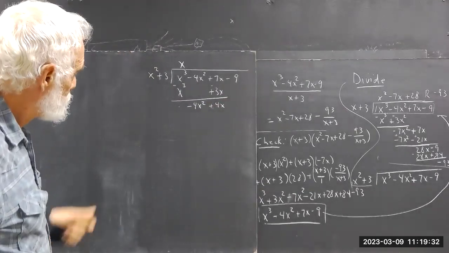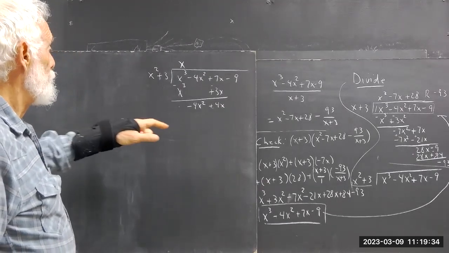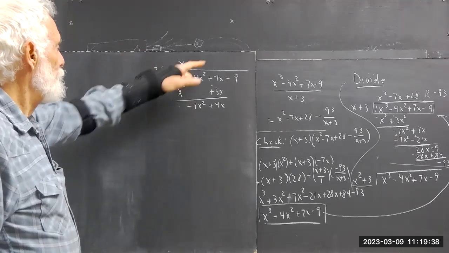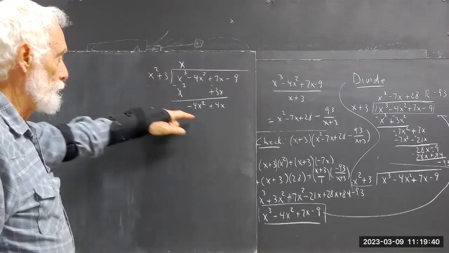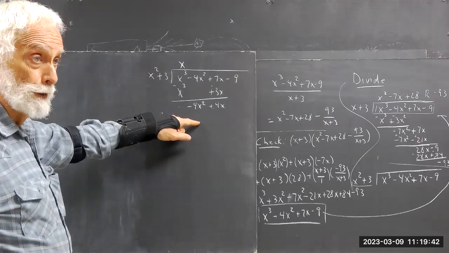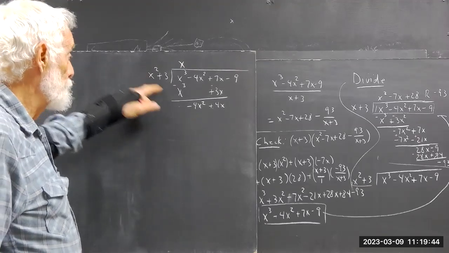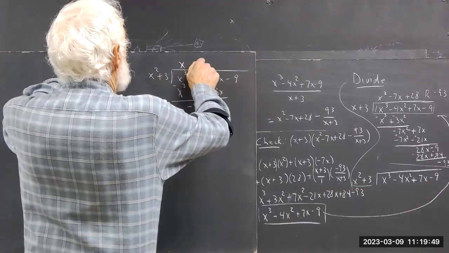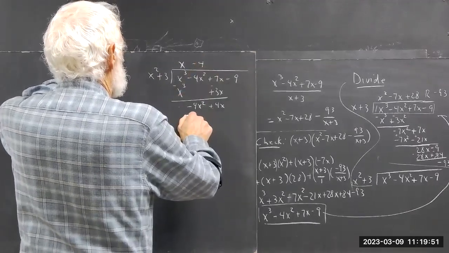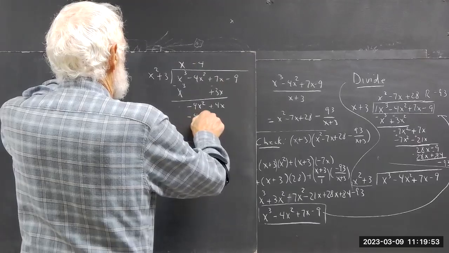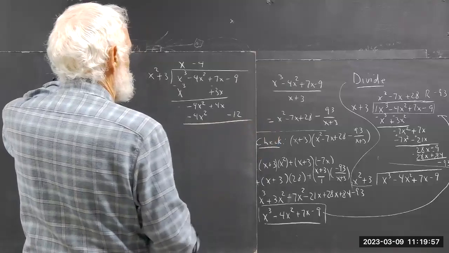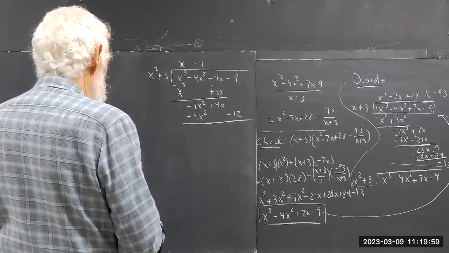Well, now, what do we do? We have to multiply. Well, we're going to need a negative 4 here, because negative 4 times x squared is going to give us negative 4x squared. Alternatively, x squared goes into negative 4x squared, negative 4 times. We're going to have minus 4. That's going to give us minus 4x squared minus 12. The minus 12 is going to go underneath the 9.